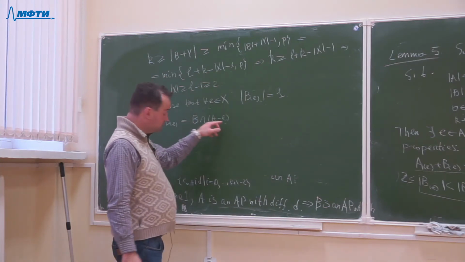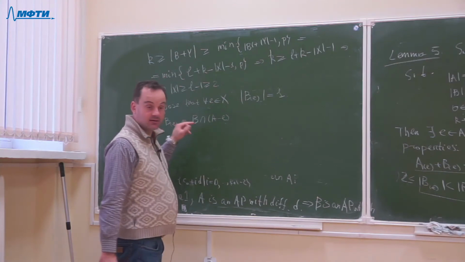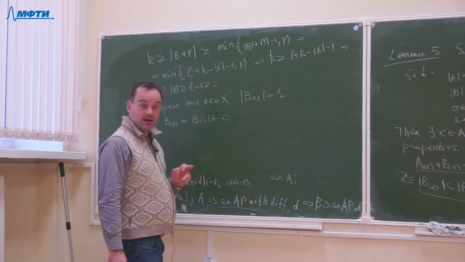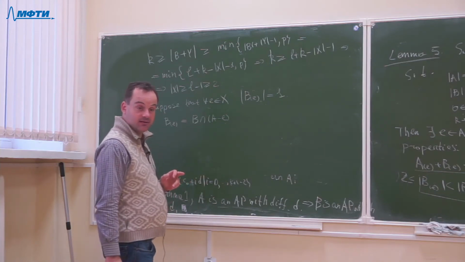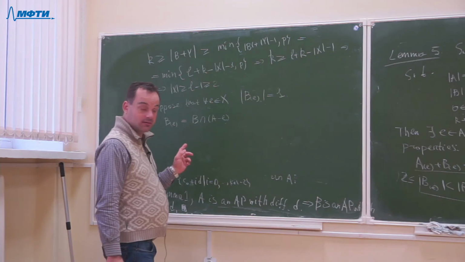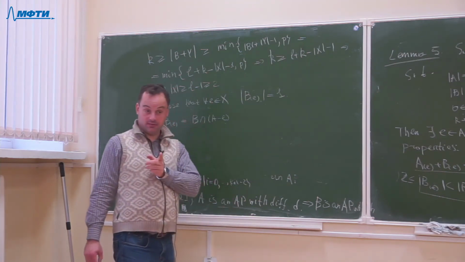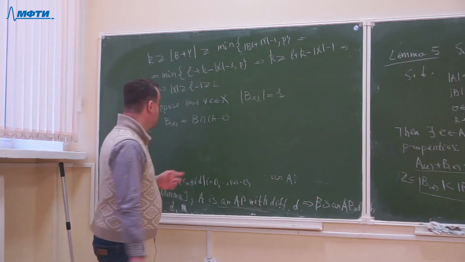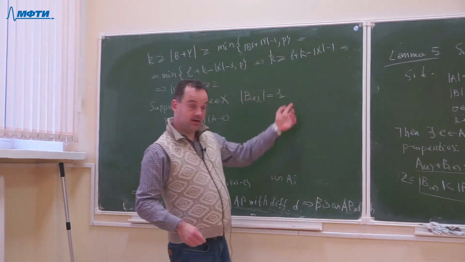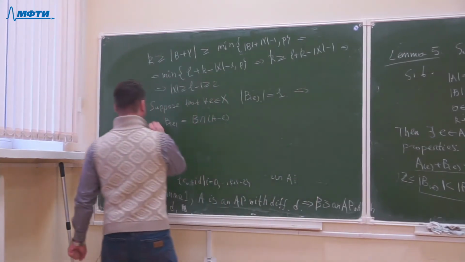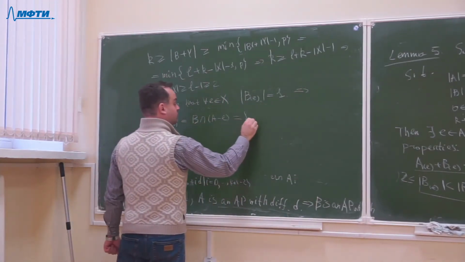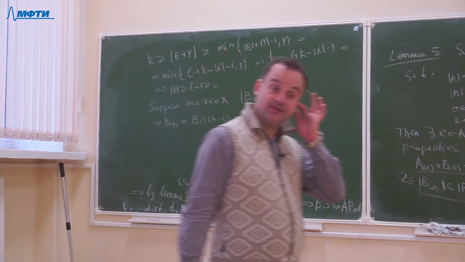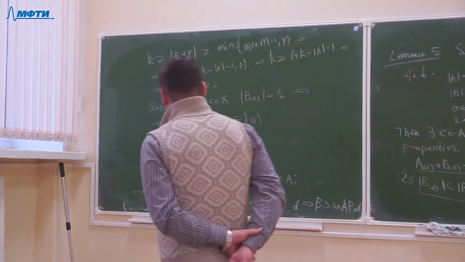So this set can always contain 0 because 0 is inside B and 0 is inside A minus E, right? This intersection contains 0. So if this is a one element set, it is exactly {0}. Good.